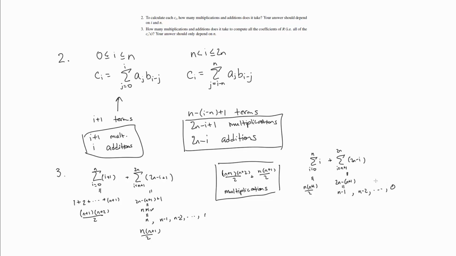So as you can see, this is the sum of the first n minus 1 integers, which is given by n minus 1 times n over 2. So the total number of additions it takes is n times n plus 1 over 2 plus n minus 1 times n over 2.